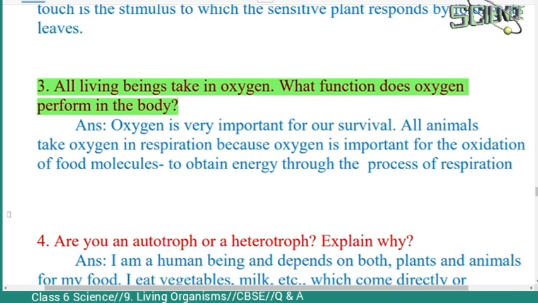Oxidation of food molecules means breaking down of food molecules to obtain energy.